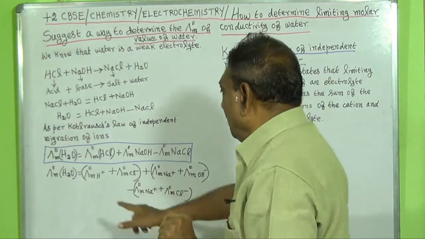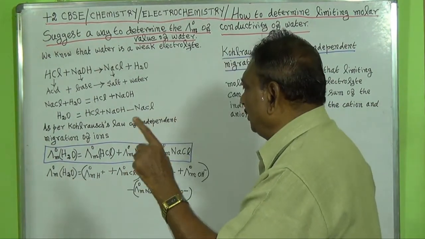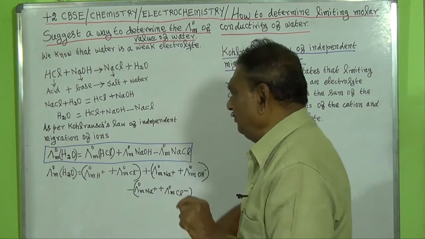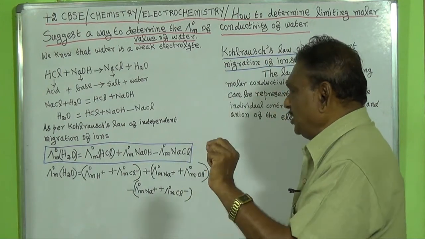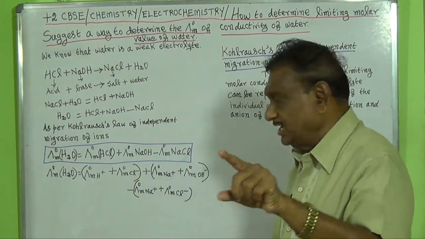The limiting molar conductivity of H2O equals the limiting molar conductivity of HCl, which can be written as limiting molar conductivity of H plus plus limiting molar conductivity of Cl minus.